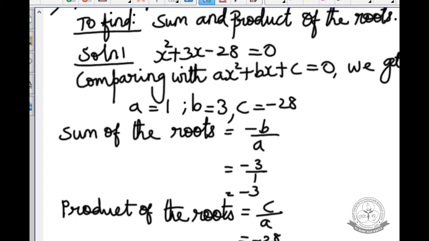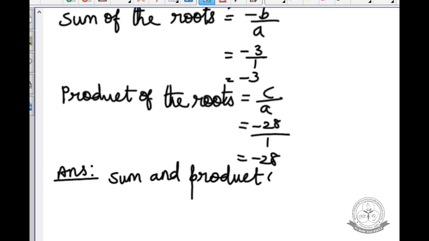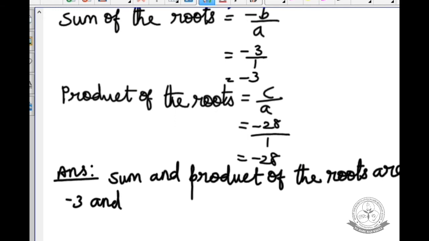So the answer will be minus 28. So the sum and product of the roots are: sum is minus 3, product is minus 28 respectively.